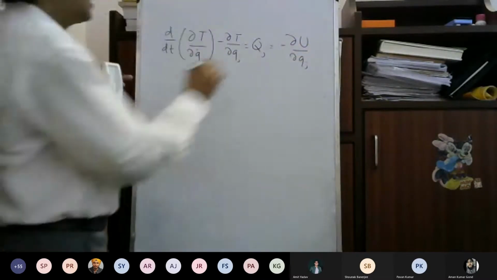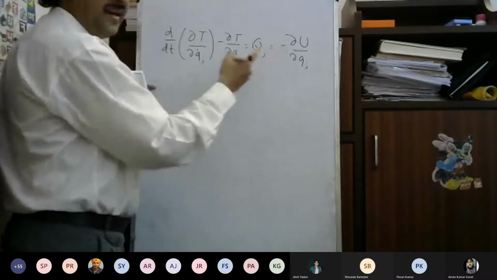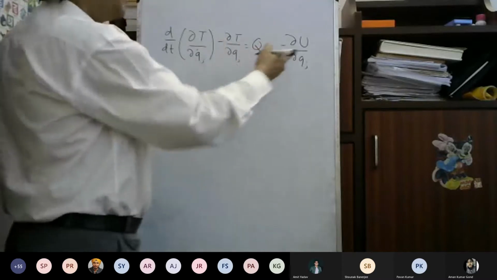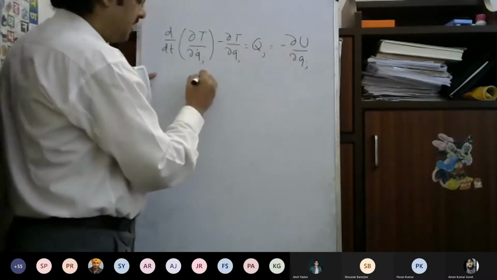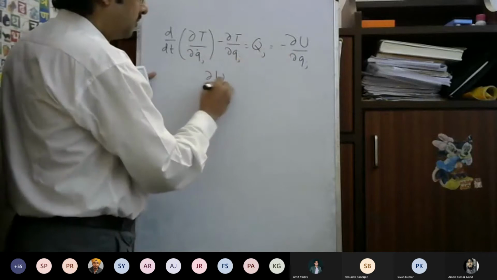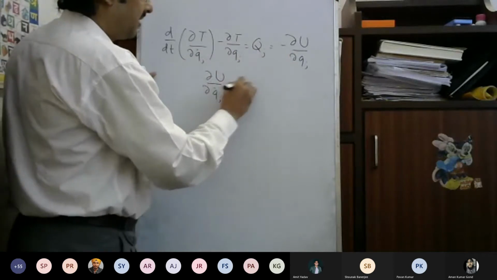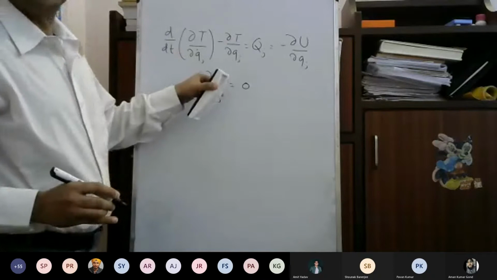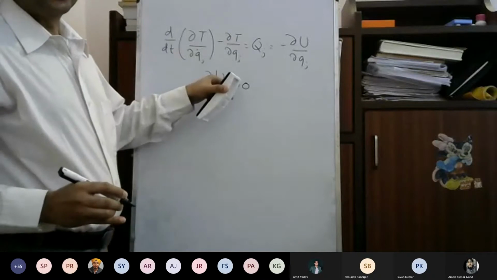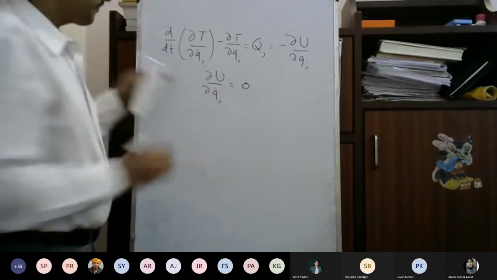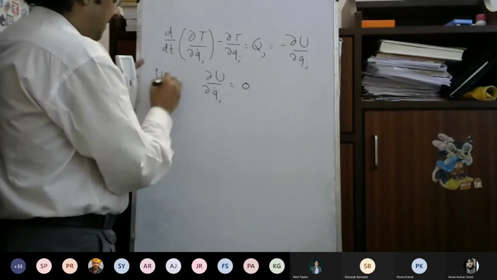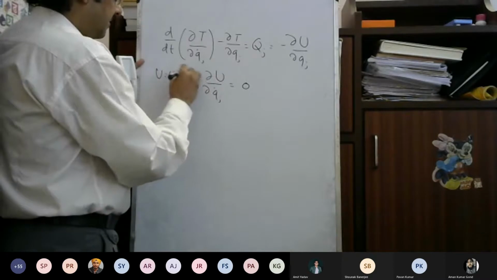And u is a function of only x1, x2, x3, so it is not a function of qj dot. So I can write del u del qj dot equal to 0, because u is a function of only ri.